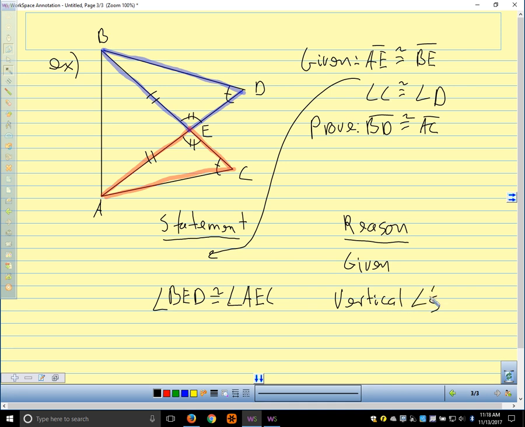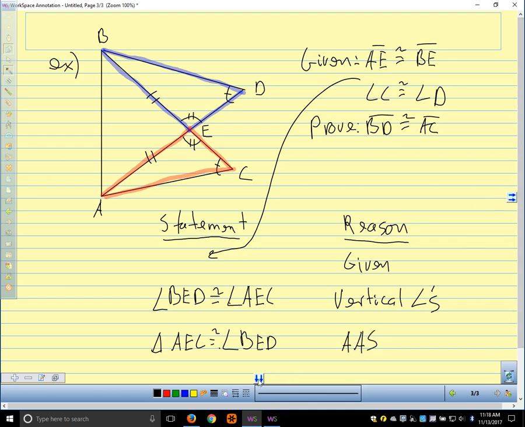Well, now we have angle, angle, side, and angle, angle, side. So I can say triangle AEC is congruent to triangle BED by angle, angle, side.